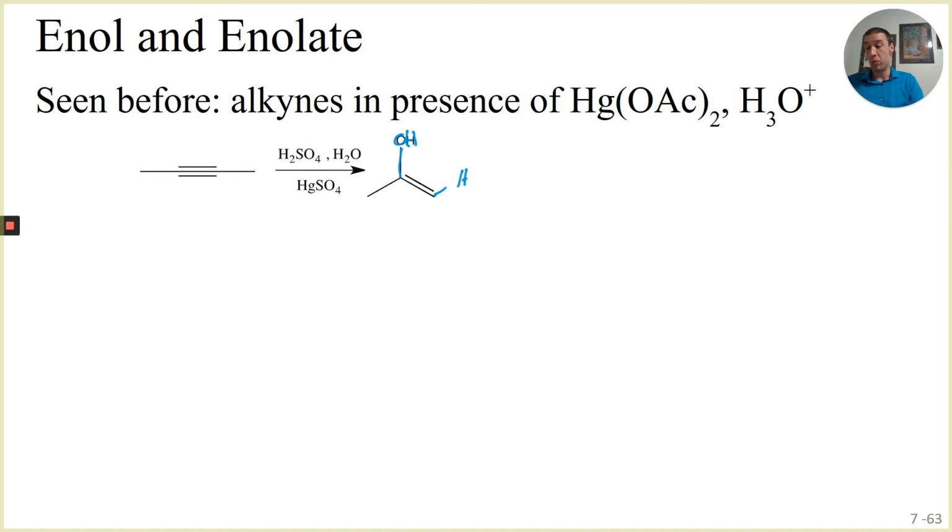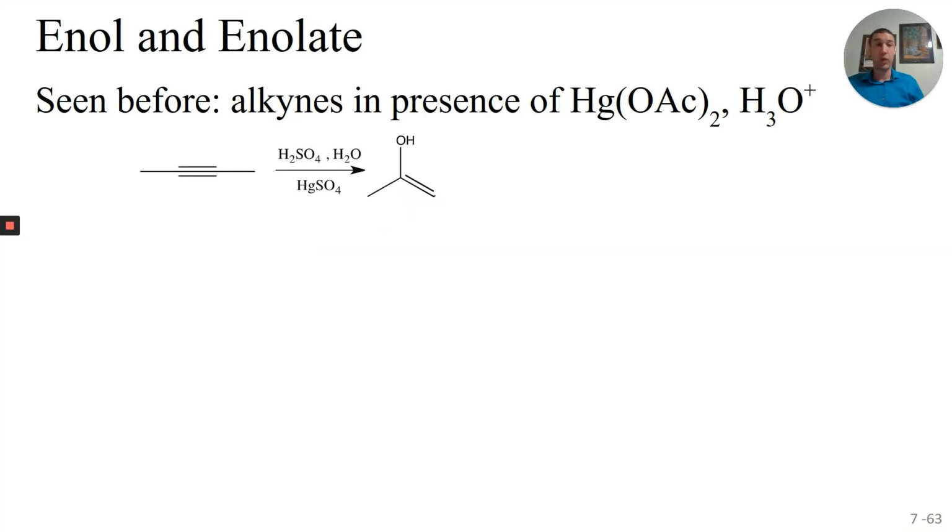But because we still have that pi bond, we're now susceptible to potentially more chemistry. That chemistry is that I have an alkene and an alcohol in an overlapping environment. This is where we get the term enol. That enol, as we learned back with the mercury additions, is unstable, and it very quickly reverts to the ketone form in this particular case.